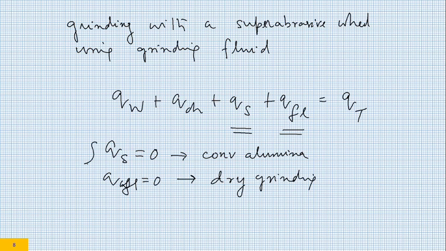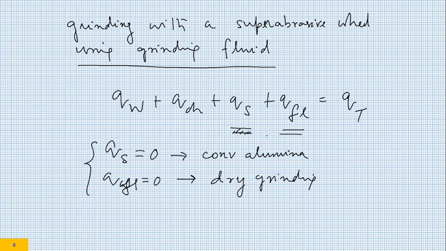So gradually we will introduce these terms. In the next subsection itself, we will try to introduce what happens when you employ a super abrasive wheel, that means without grinding fluid, but with a super abrasive wheel. And the final one would be with fluid.